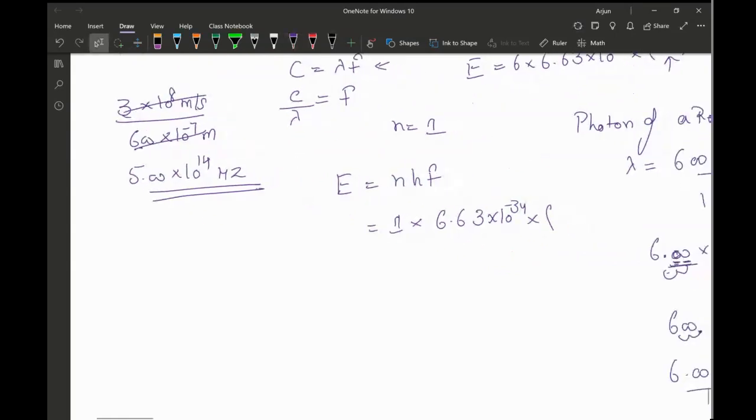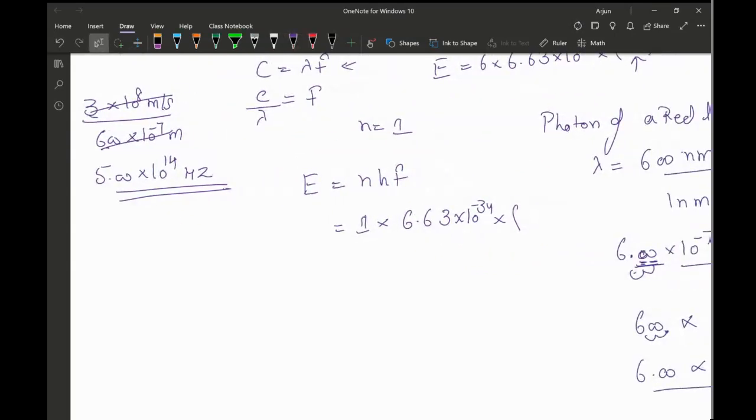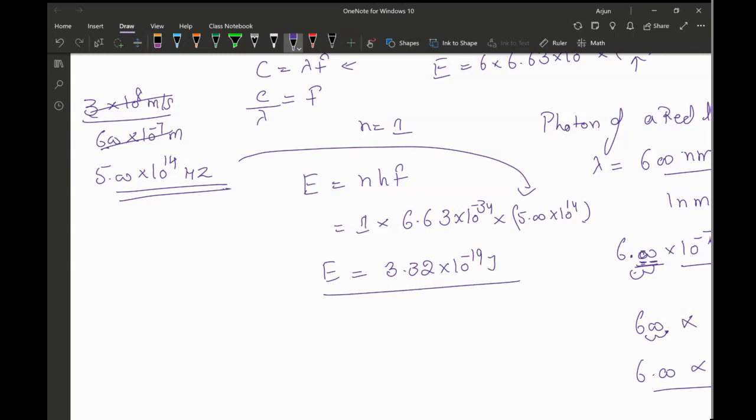So that value I'm going to feed in here, 5.00 times 10 raised to the power 14, and once I calculate the energy, it will come out to be 3.32 times 10 raised to the power negative 19 joules. So that is the energy associated with one photon of light.